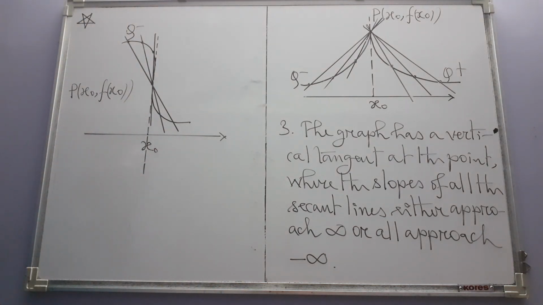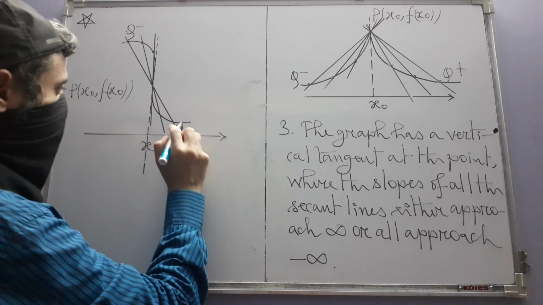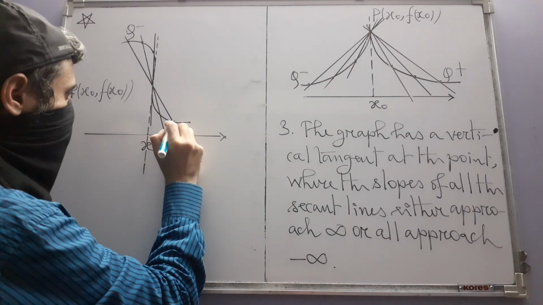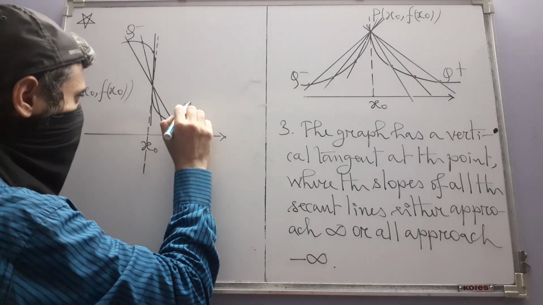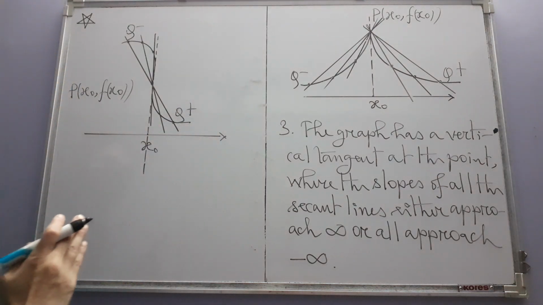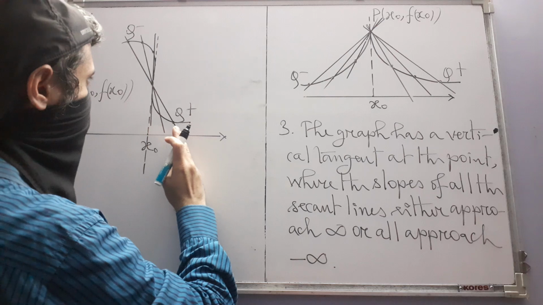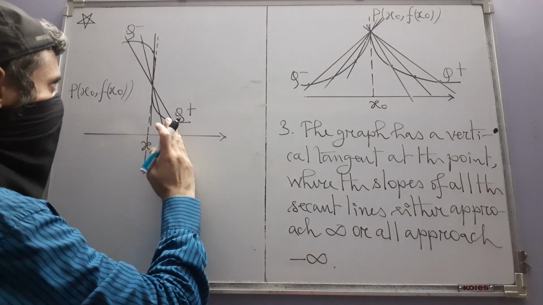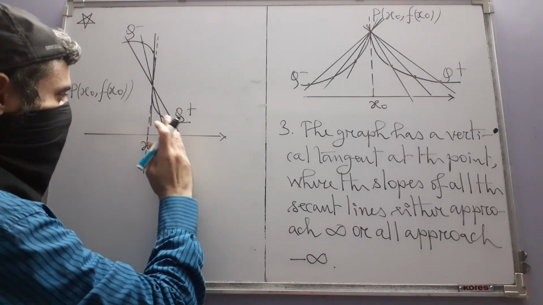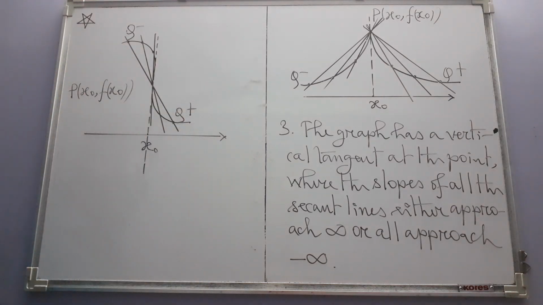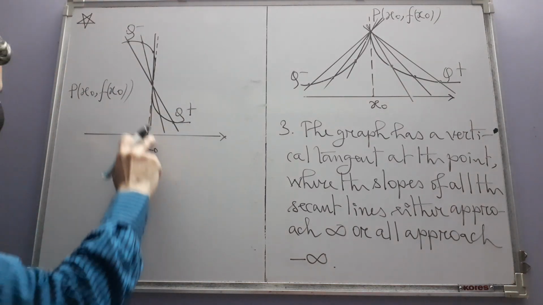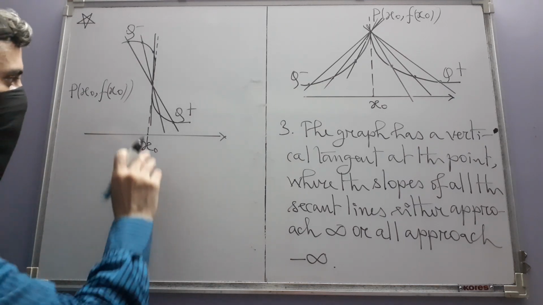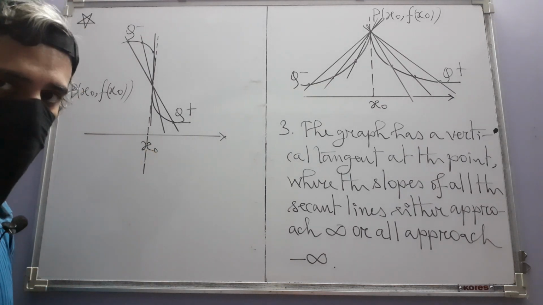Note that if you started your process from the right side of P, there also you would have considered points like this, and through them, if you consider secant lines also passing through P, which are nothing else but these lines only. That's why I extended these lines. And all these secant lines have negative slopes.